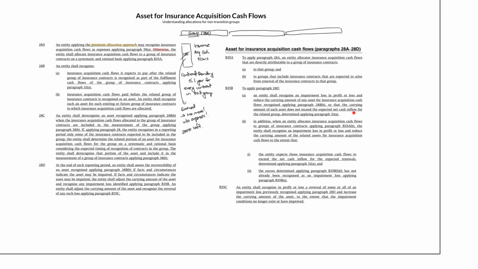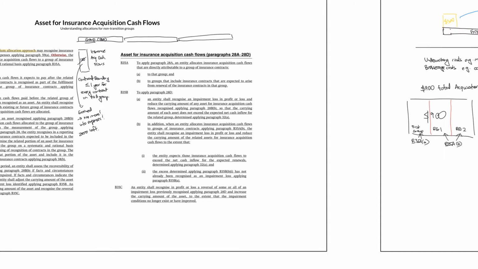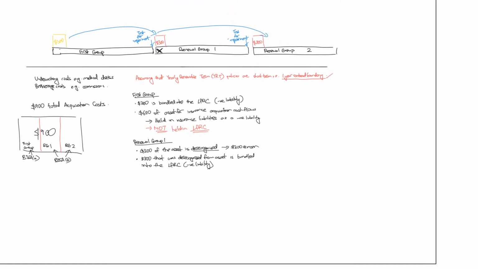Okay, so that was done here, right? We've taken the 900, we've attributed some here, that was B35AA, and then we've allocated the 600 into 300 blocks, and we've recognized these as assets.